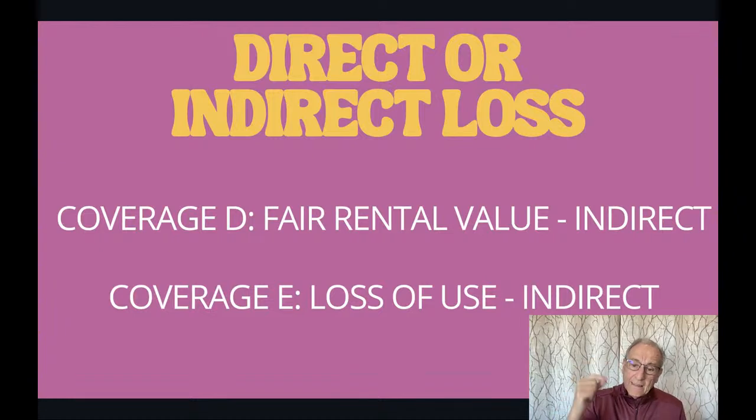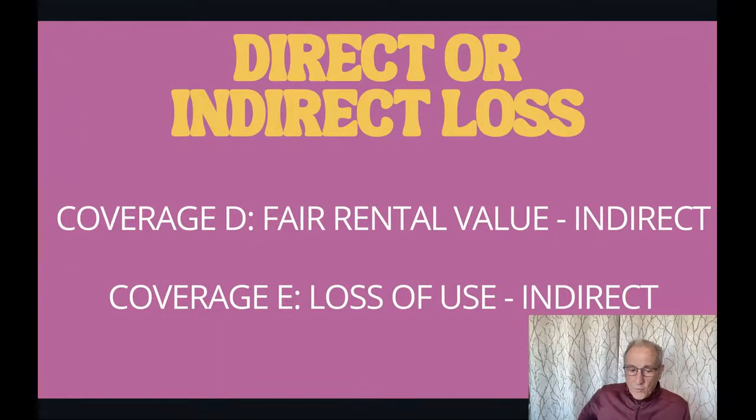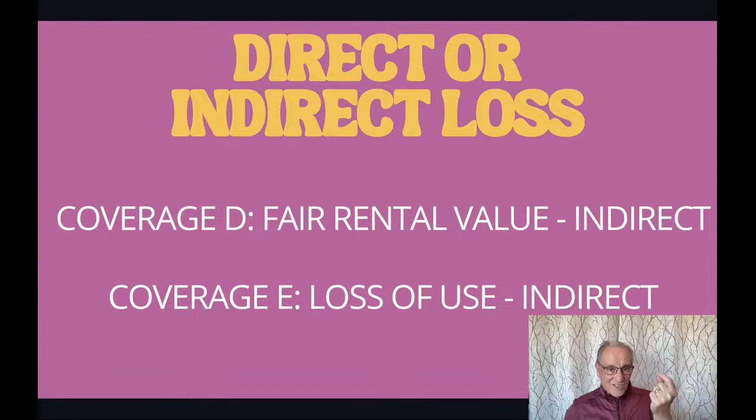But when we get to D and E, these are indirect losses. Because what we have here is it's not stuff, but we've lost money. We've lost income. We've got to have money to go live in a hotel. Those would be called indirect losses. This is primarily a property policy.